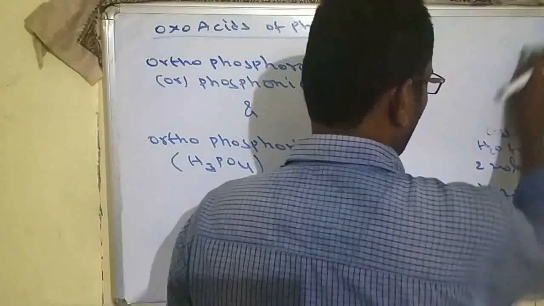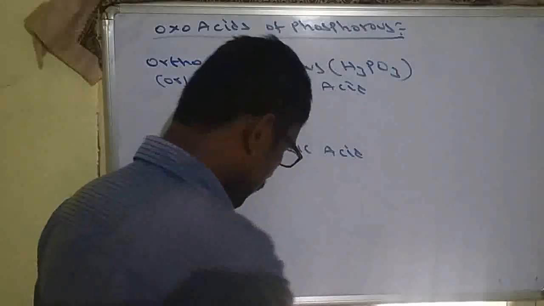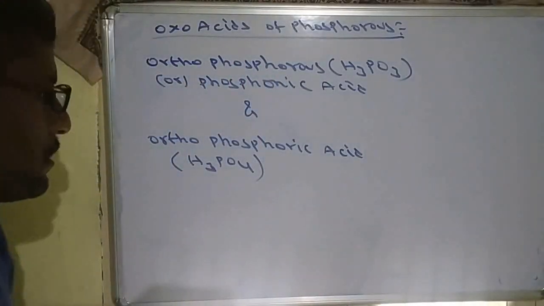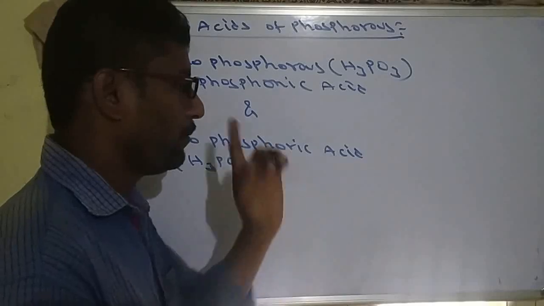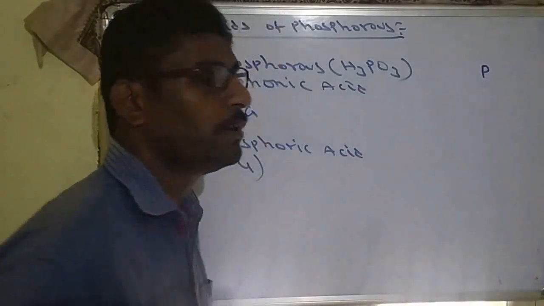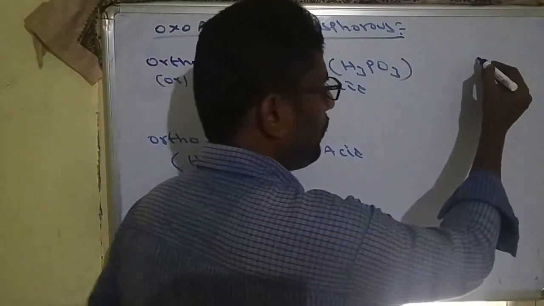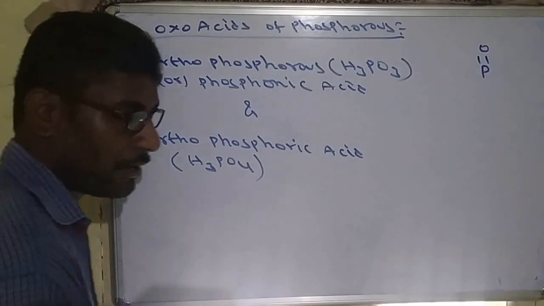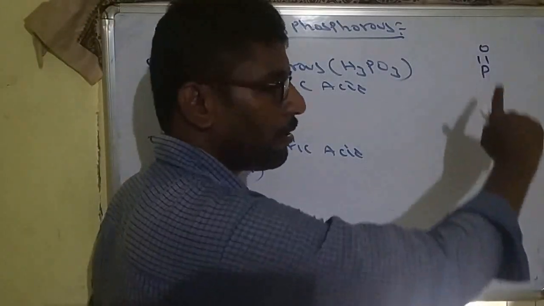So the structures are most important. How to write these structures: whenever we are writing structures of oxo acids, just keep it simple in mind. First we write the central atom. Here the central atom will be phosphorus. Along with the central atom we always write one double bond oxygen.